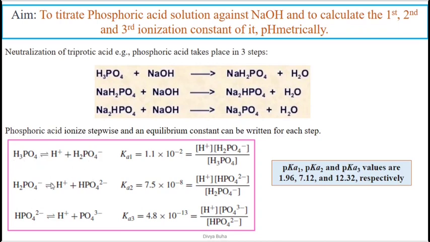After that, in the second step, there would be one negative charge, so it would be slightly more difficult than the first proton. So the second proton would feel slight difficulty in its ionization, and it would get ionized.